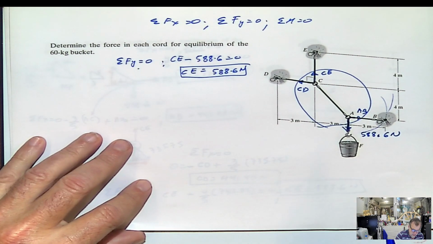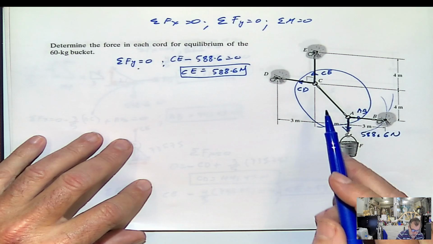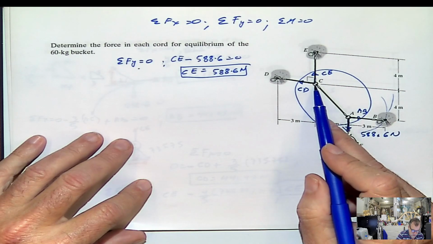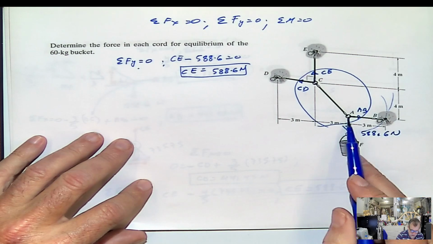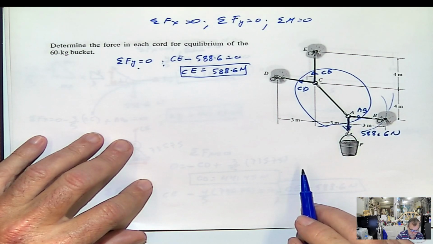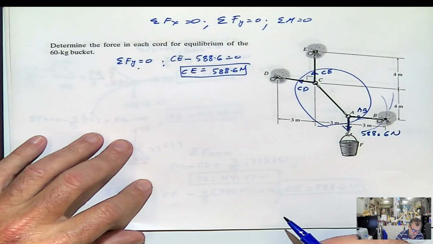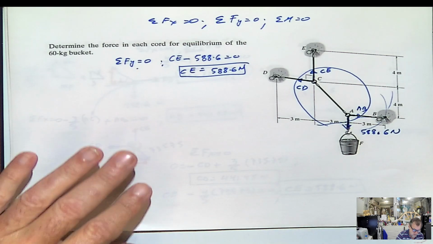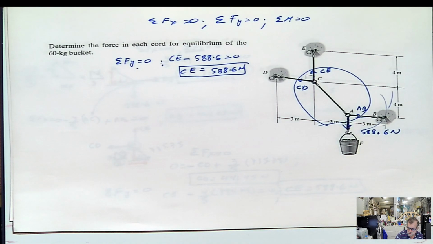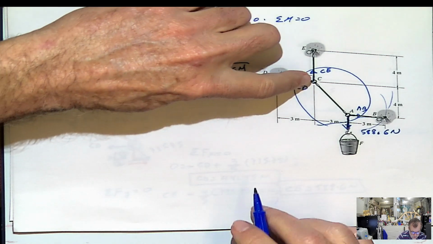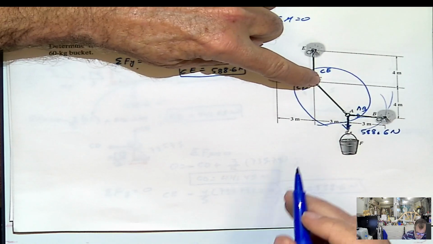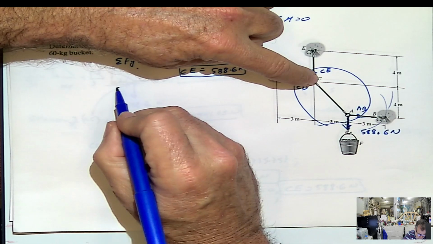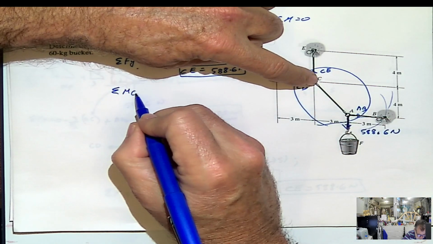Now, let's say that I would like to calculate what is the value for AB or even CD. Then we will do something that is called summation of moments, which is going to be covered later on. But just like a preview, I can select summation of moments at C equals 0.